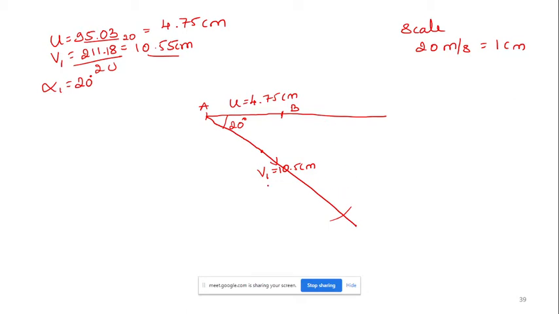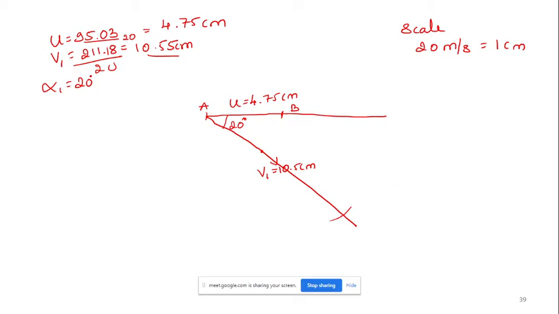From A. You have drawn the 20-degree angle, and produced it. On that produced line, measure 10.55 centimeter from A, cut an arc. Is it simple? Yes, sir. Okay, fine.